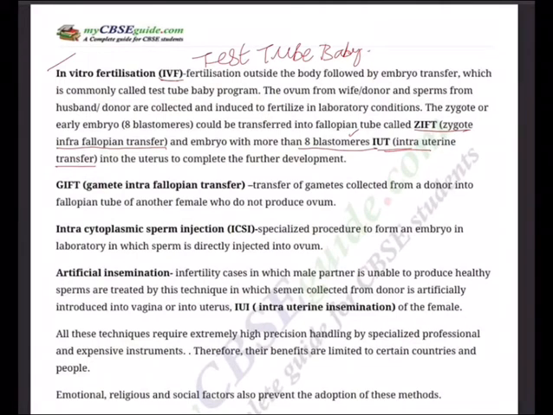So a woman who substitutes or takes the place of the biological mother to nurse the embryo in her uterus is called a surrogate mother or genetic mother. So there will be two mothers. One is the biological mother and another one is the surrogate mother or genetic mother.